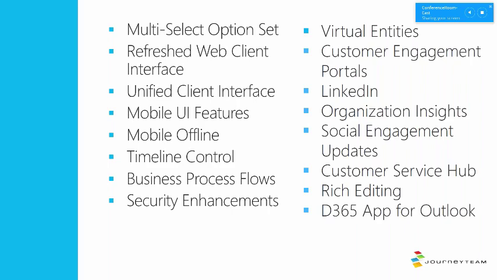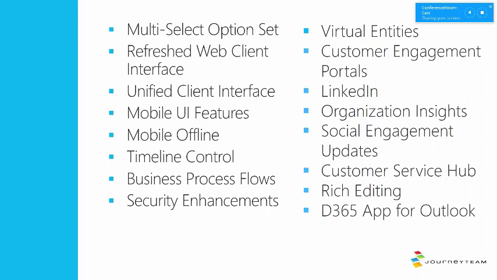Organization Insights has actually been out for a while. This is a free download, and it's a really cool tool. One of the big issues, I think, with implementing these systems is getting user adoption. We can do a perfect job on configuring the system, getting all the features set up, everything works perfectly, it's all tested, no bugs, but if users aren't actually using your system, you're not going to realize the value that you're getting out of it.